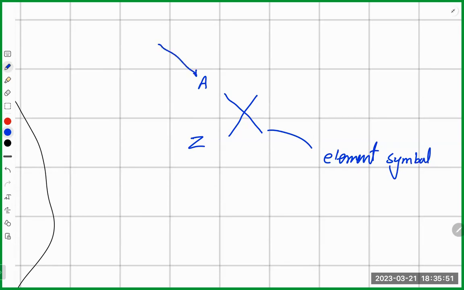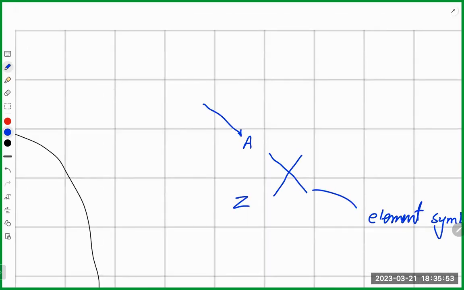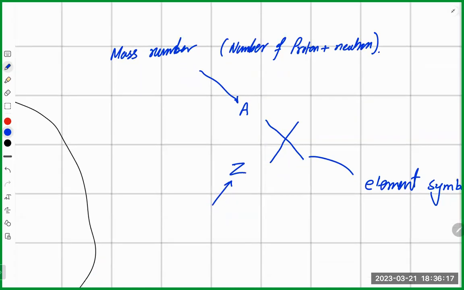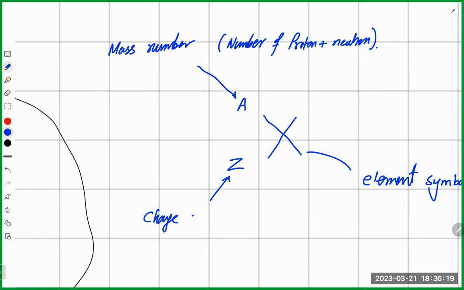What does this A stand for? The mass number, the number of protons plus neutrons. And what is this? The charge number, the number of protons.